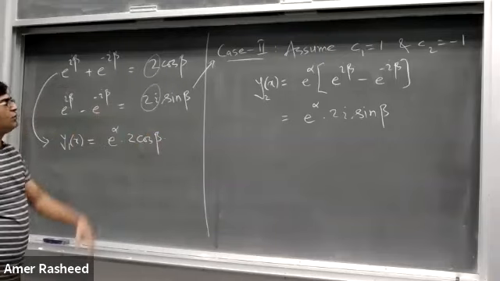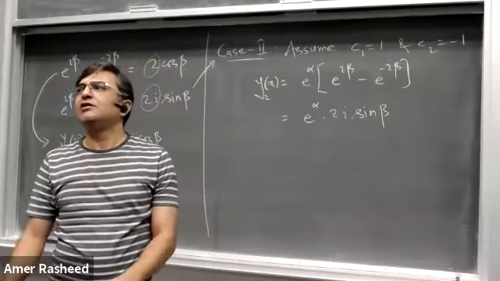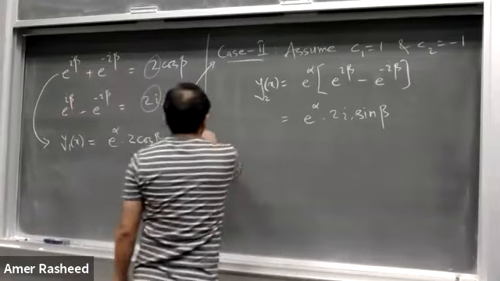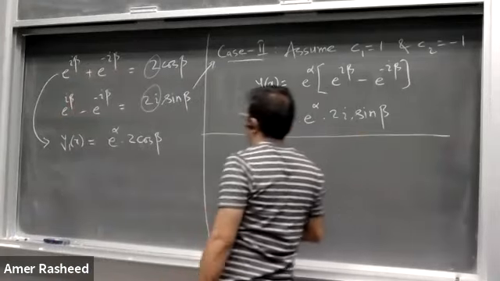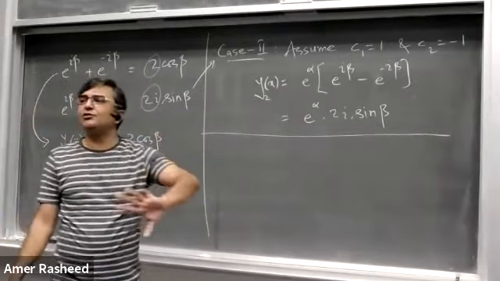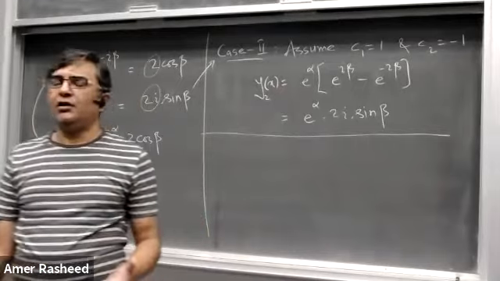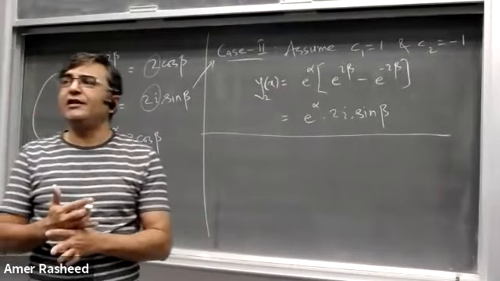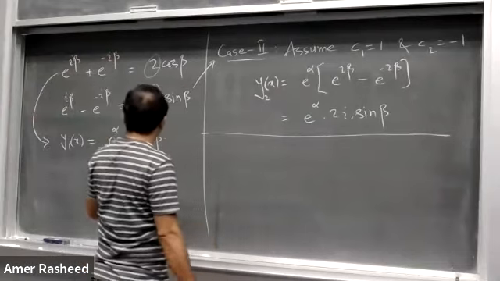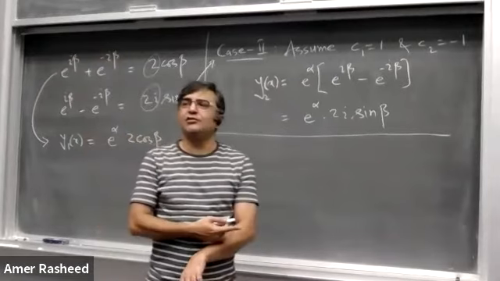So we have two linearly independent solutions, and we can write the general solution using them. You can check whether they are linearly independent by computing the Wronskian, as I told you already. They form a fundamental set of solutions.